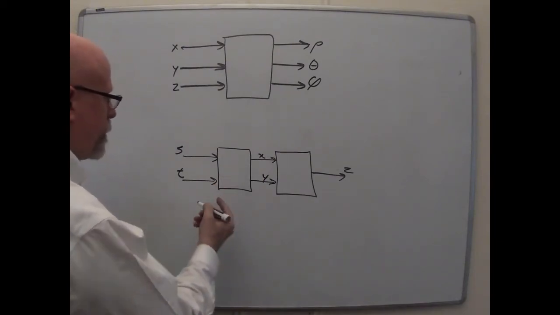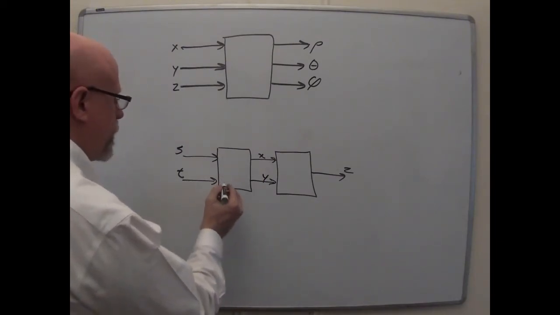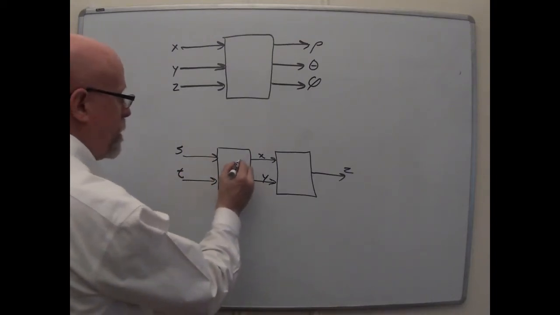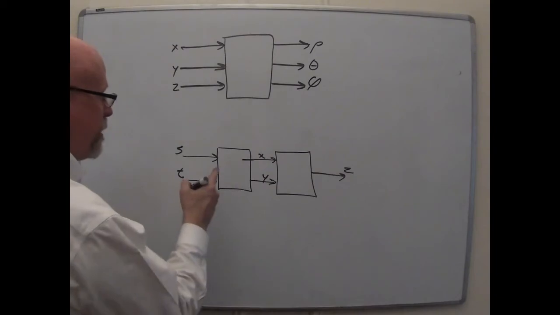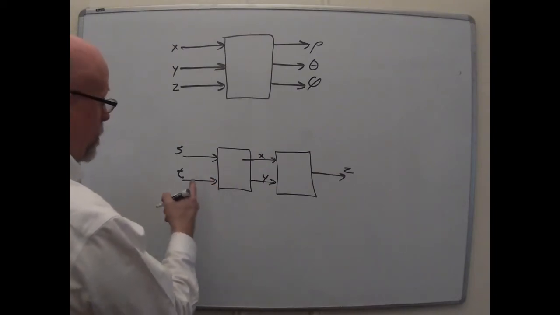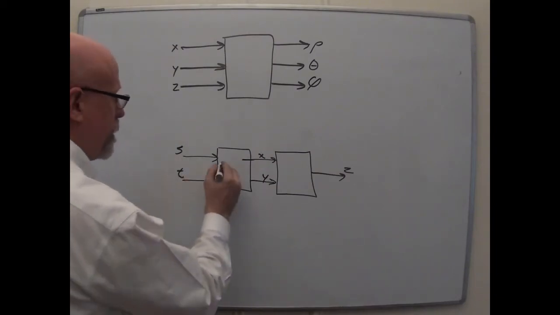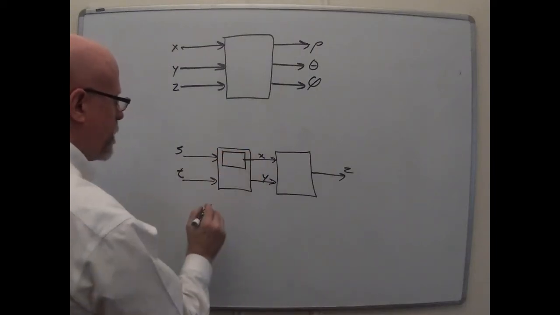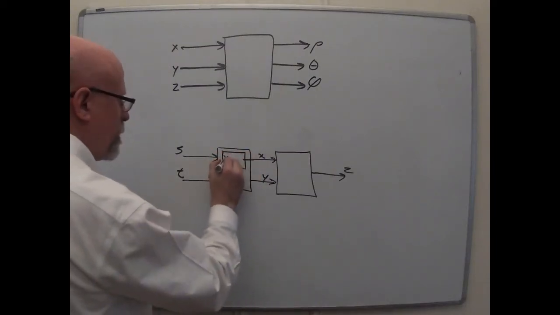I need a name for this function. Well, actually, let's be a bit more honest with ourselves. This guy inside of it has a function that I would call x, which is a function of s and t. So in the inner workings of this function, there's something called x of s and t.